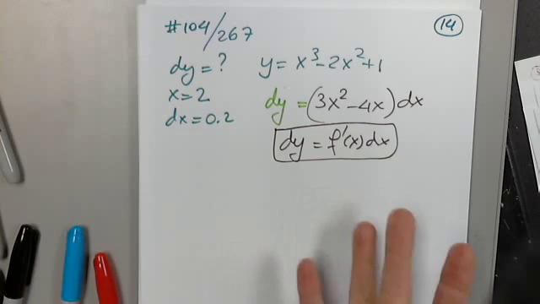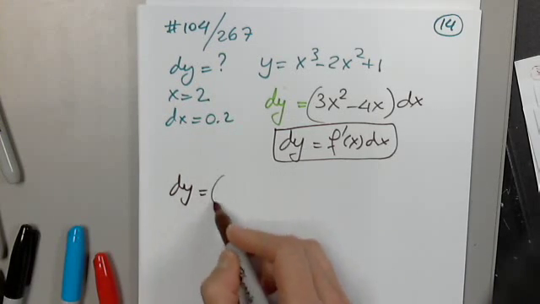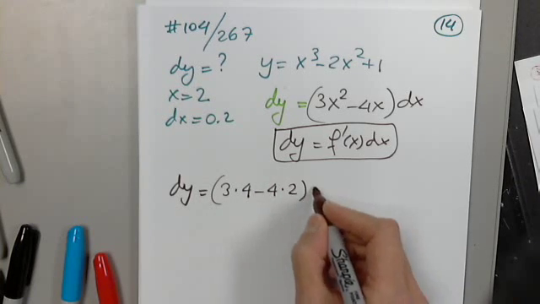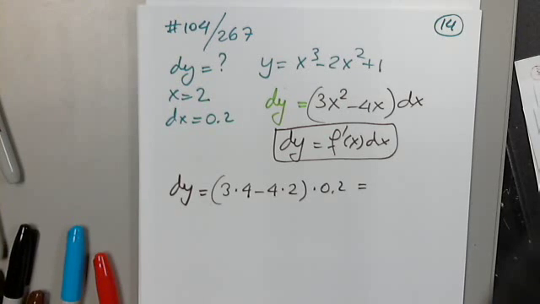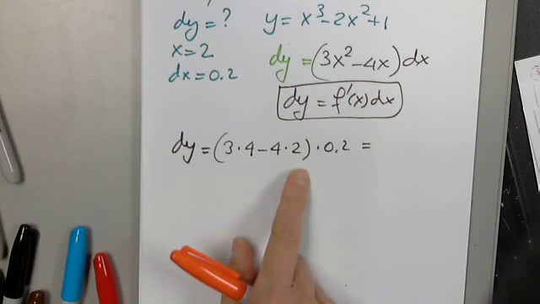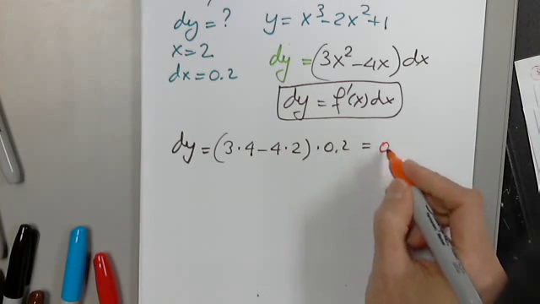Good. All I have to do is plug it in. So dy will be 3 multiplied by 4 minus 4 multiplied by 2 and everything multiplied by 0.2. So 12 minus 8 is 4 and 4 times 0.2 is 0.8.